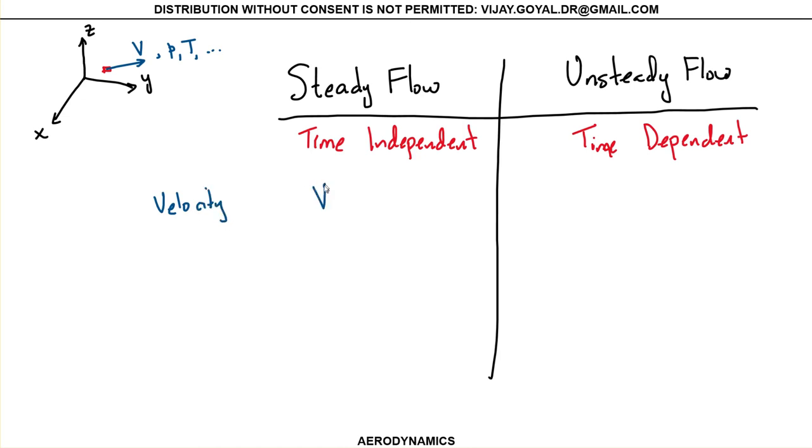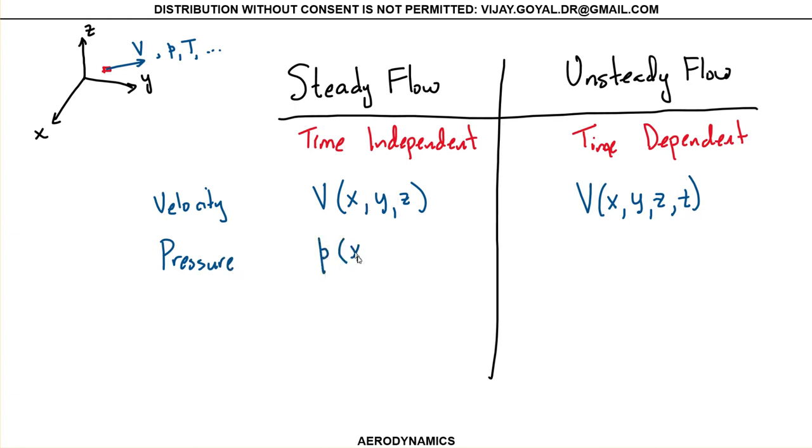Velocity is a function of x, y, and z, the coordinates where that belongs to. But for unsteady, yes, it belongs to x, y, z, but it's also a function of the time when that event occurs. Maybe you have the case of pressure. It can be a function of x, y, and z, and for unsteady, a function of x, y, z, and time.